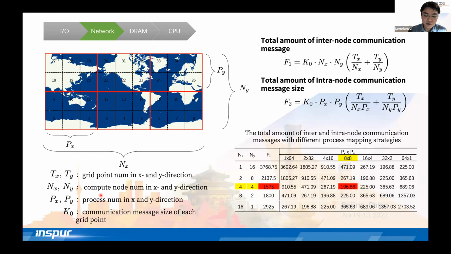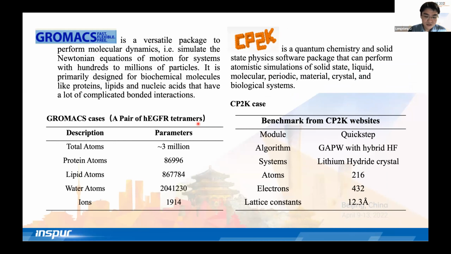In this test, we simulate a crystal structure system with a different number of atoms. The second is the GROMACS application, which is a versatile package for performing molecular dynamics. The number of atoms is nearly 3 million, including protein, lipid, water, and ions.